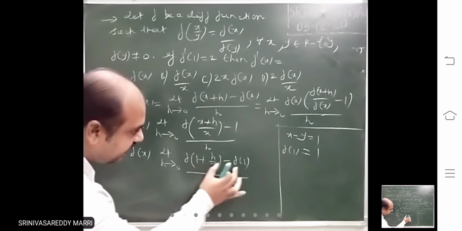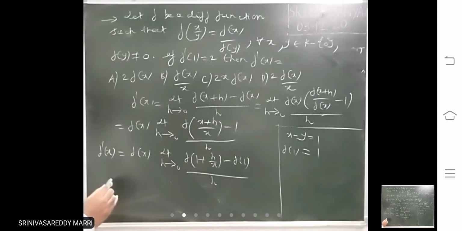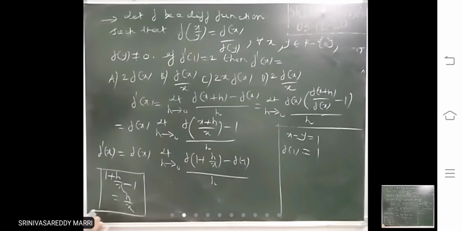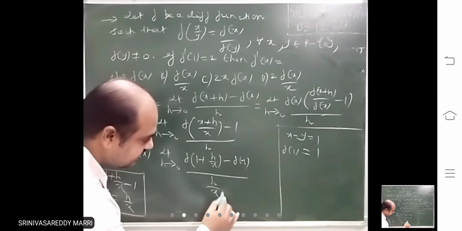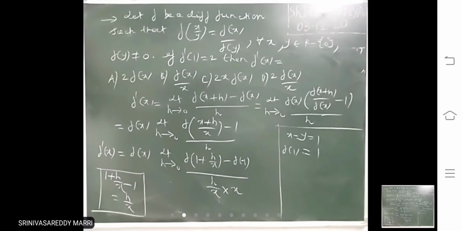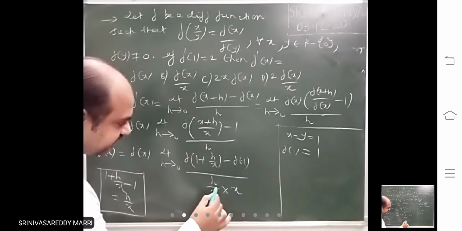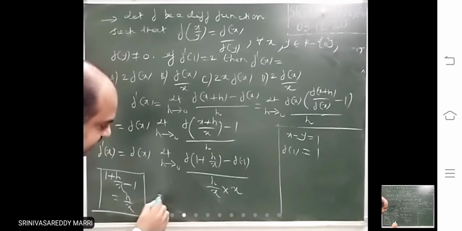Look at 1 plus h by x minus 1, what is it? It is h by x. That means in the denominator h by x must be there. I have multiplied and divided. So now this limit, f of 1 plus h by x minus f of 1 divided by h by x, is what?